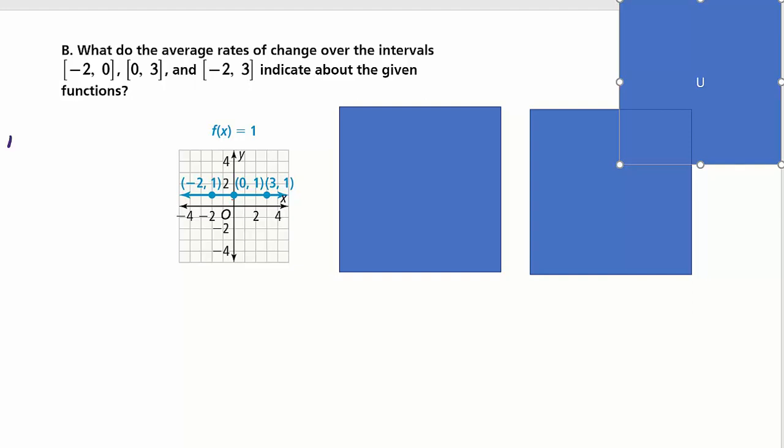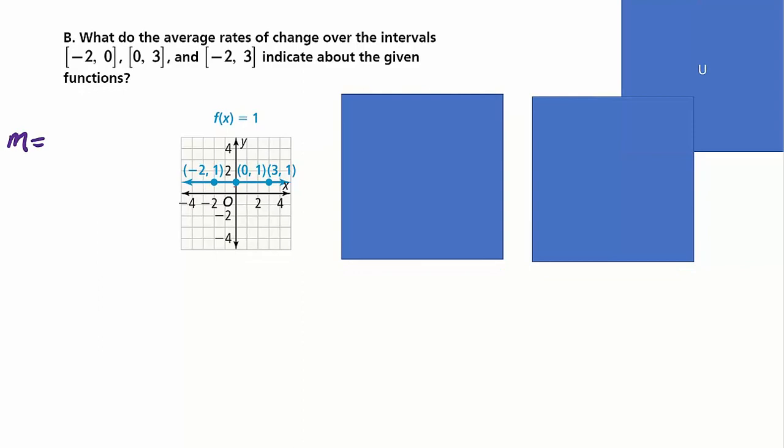So essentially they're saying find the slope from the x-coordinate of -2 to the x-coordinate of 0. So we need the corresponding y's, which we pull off the graph. So -2, 1, and 0, 1. Then we find the slope.